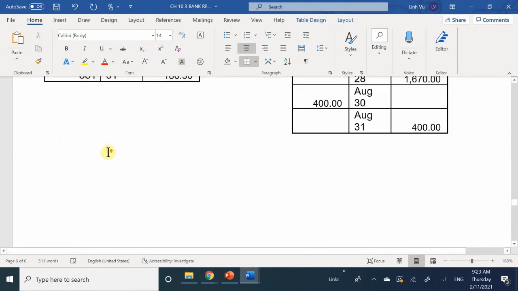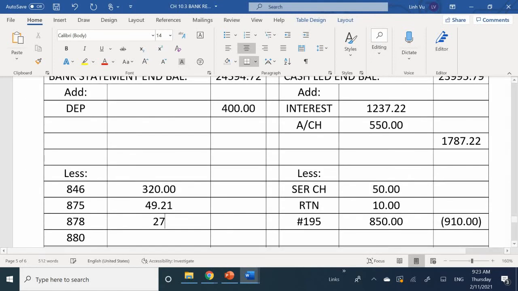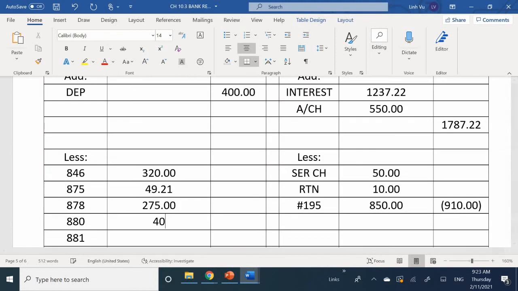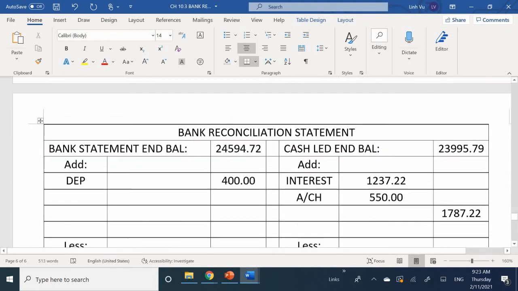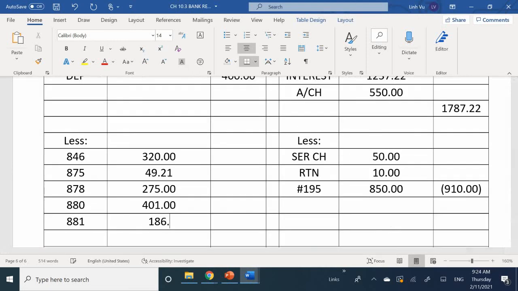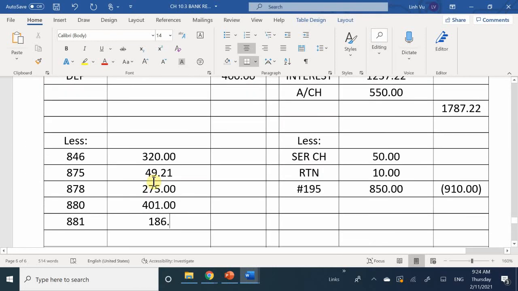Number 878 was for 275, and then number 880 was for 401, and then lastly 881 was for 186.50. Okay, so how much in grand total did my checks not clear?